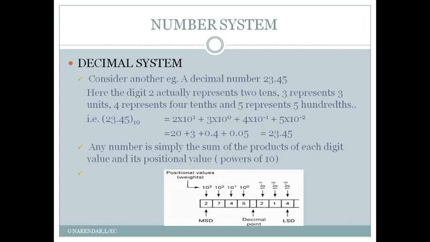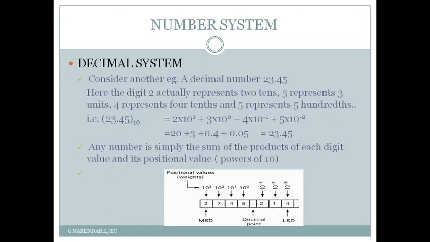And 4 is called the least significant digit, the rightmost digit. 4 is the least significant digit, and 2 is the most significant digit.